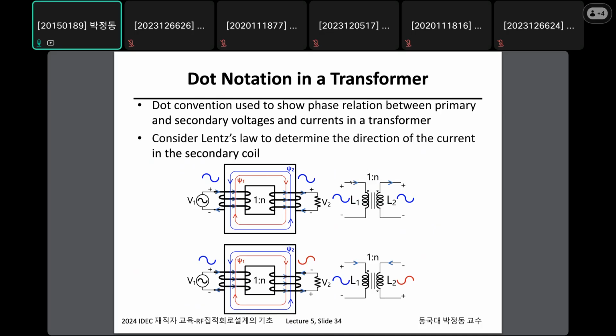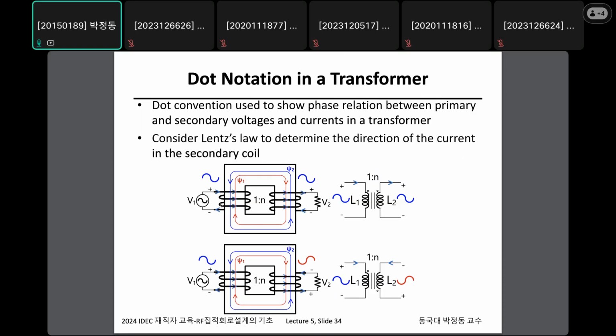So when we apply voltage over here, right, the coil is wound in this way, right? Which means if you see the side of the coil, right? The coil is wound in the counterclockwise direction.